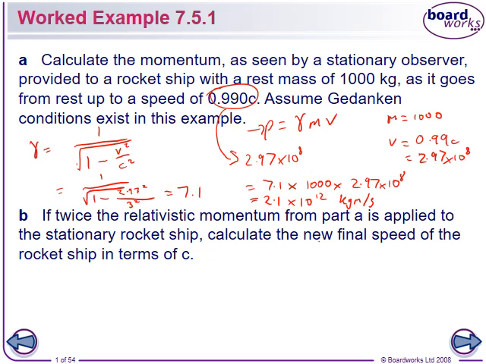So first of all, twice that momentum: 4.2 times 10 to the 12. I just doubled that, because that's what we're doing here.